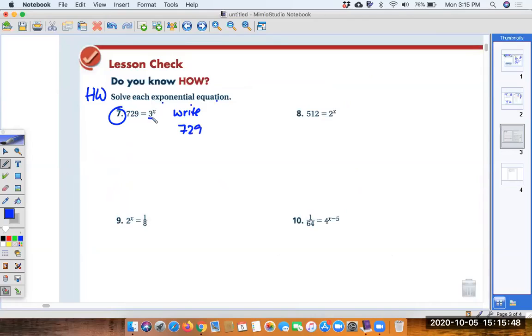How many 3's do you multiply together to get to 729? And then the same with 8, you need to write 512 as a base 2 power. This one, 1/8, remember, if it's a fraction, you're going to have to make a negative exponent. Look at the example I gave you. Same in number 10, it's a fraction. You're going to end up with a negative power here.